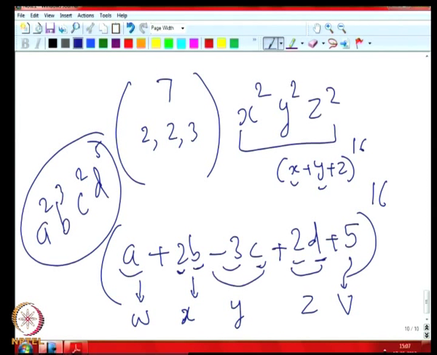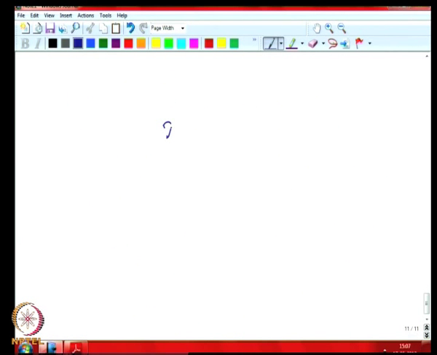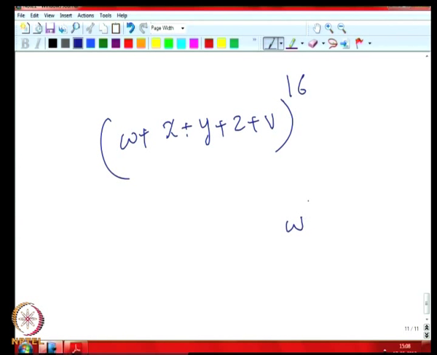Now, the point is, if you add up 2 plus 3 plus 2 plus 5, what do you get? You only get 12. Here 16 is required, because the total power is 16. So in the expansion of w plus x plus y plus z plus v whole power 16, every term should be of the form w raised to n1, x raised to n2, y raised to n3, z raised to n4, and v raised to n5.